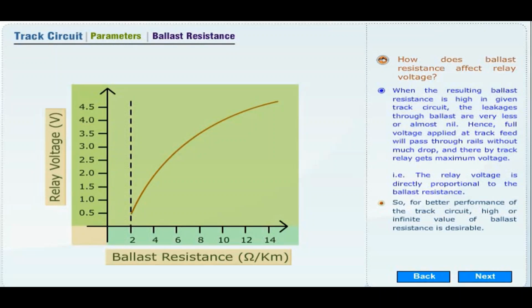Hence, the full voltage applied at track feed will pass through rails without much drop, and thereby the track relay gets maximum voltage. That is, the relay voltage is directly proportional to the ballast resistance. So, for better performance of the track circuit, a high or infinite value of ballast resistance is desirable.